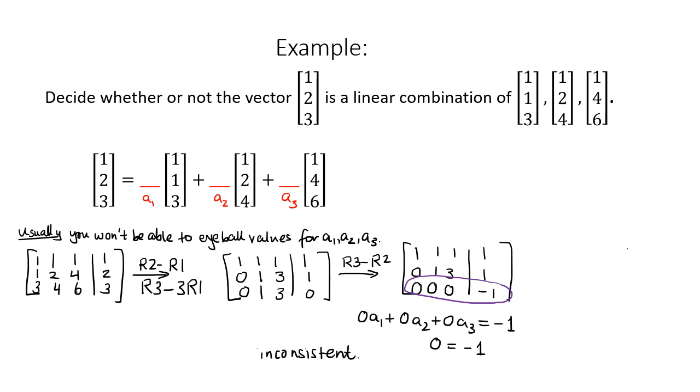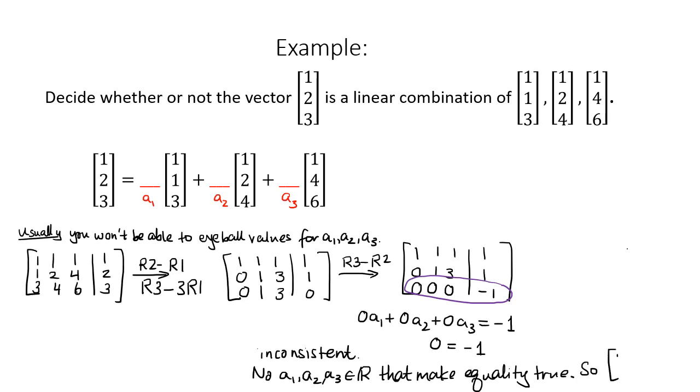It means there are no a1, a2, and a3 that make this equality true. So the vector 1, 2, 3 is not a linear combination of the others.